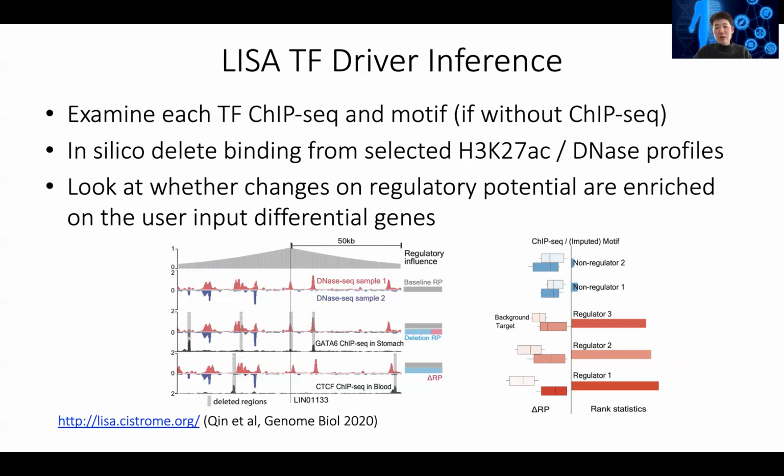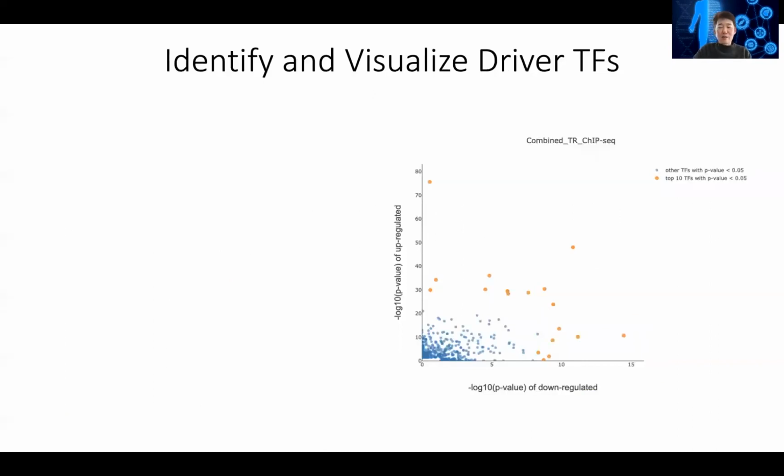And so basically, the LISA approach is we first try to use public epigenetic data to select the relevant ones that indicate this particular cell type. And using that epigenetic profile overlapping with the TF ChIP-seq or motif occurrence, we can evaluate which of these TF effects have strong influence on the nearby gene expression. And then we'll figure out which factors might be important.